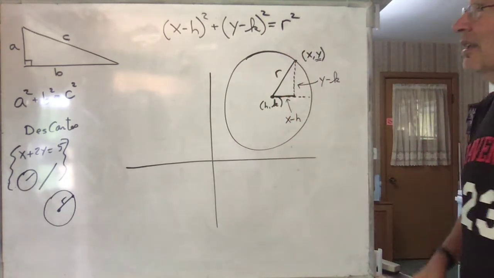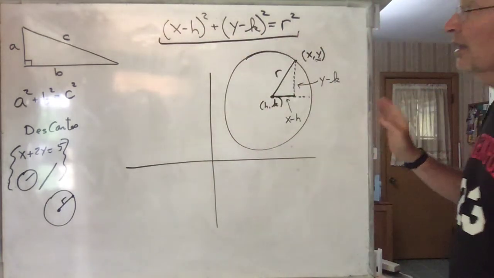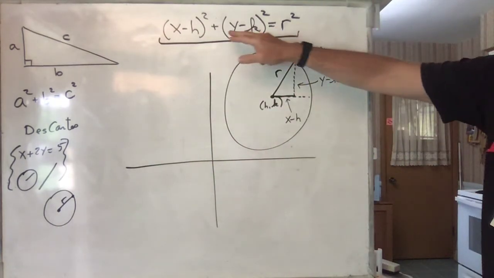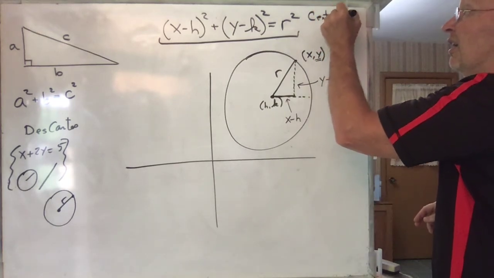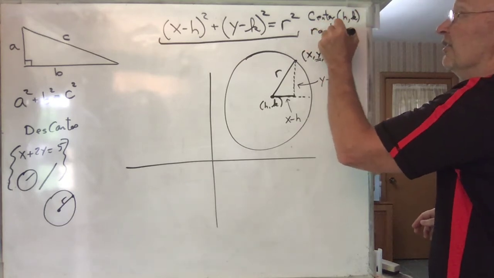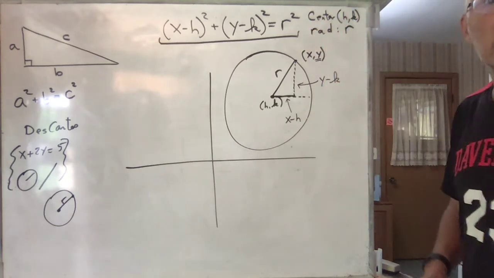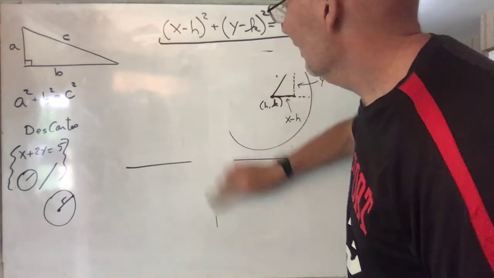Like so. So there is the equation of a circle with radius r and with center hk, and the radius has length r. Okay, there it is. Look at this.